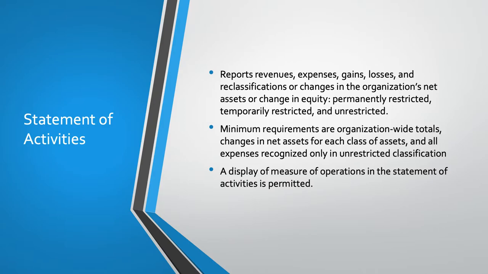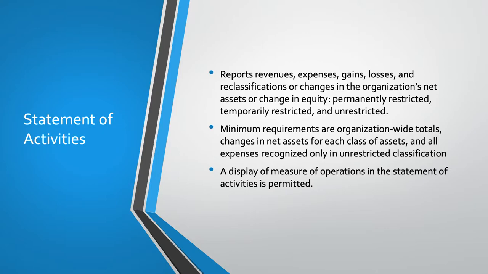it reports revenues, expenses, gains, losses, and reclassifications or changes in the organization's net assets, or change in equity: permanently restricted, temporarily restricted, and unrestricted. The temporarily restricted funds could be reduced as the projects are implemented, and unrestricted are also reduced as the expenses are paid or other operational activities where the unrestricted funds are used.